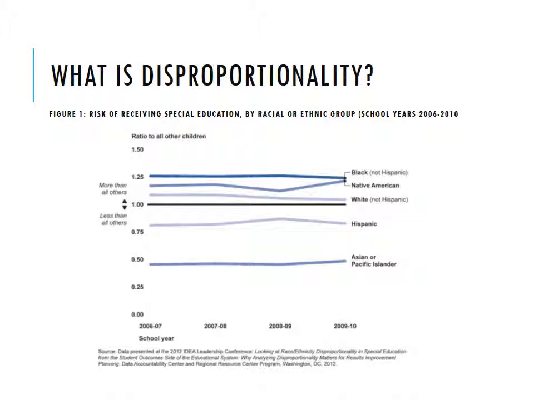Nationally, looking at the school years between 2006 and 2010, given the population of students with disabilities, we can see that African American students and Native American students were overrepresented in special education. At the same time, Hispanic students and Asian and Pacific Islander students were underrepresented, both issues of disproportionality within the system of special education in the United States.